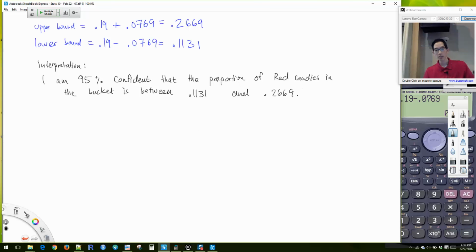So keep in mind this is a statement. Our statements are always about the proportion in the population. Well, I should say always about the population parameter.